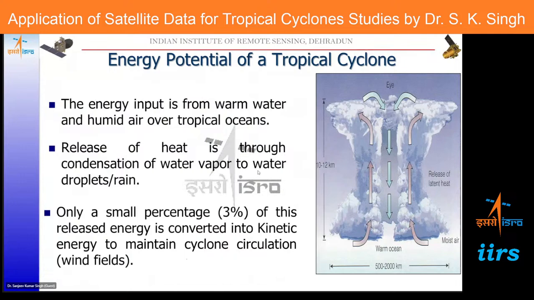During the condensation, it is converted into water droplets, and in this process it releases latent heat. Some amount of this latent heat is converted into kinetic energy that maintains the tropical cyclone circulation and wind field.